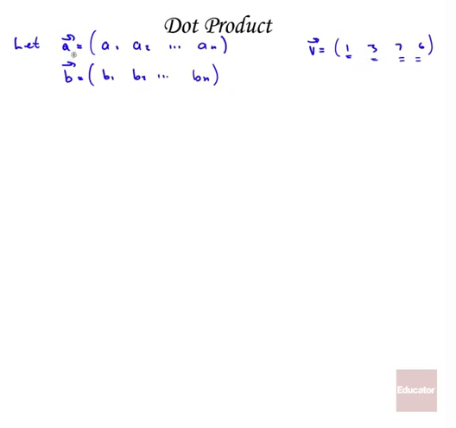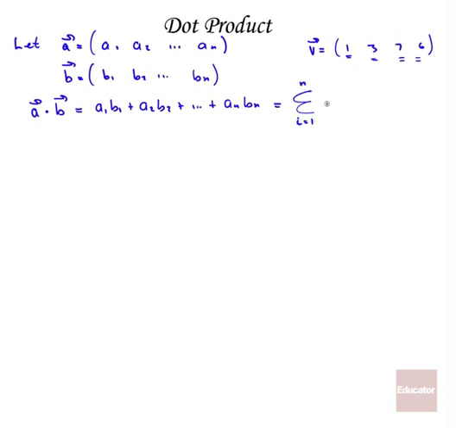Okay, so let the vector A equal A1 through An. Let the vector B equal B1 through Bn. Now we define something called the dot product as the following. A dot B, the product of two vectors, is equal to A1 times B1 plus A2 times B2 plus dot, dot, dot plus An times Bn. And I'm going to write this in sigma notation. Sigma notation, I'll explain in just a minute.